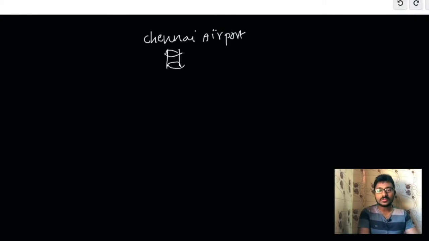Suppose, let's consider a situation where 3 flights are trying to land at the same time. So A, B, C. A is one plane, B is one plane, and C is one plane.